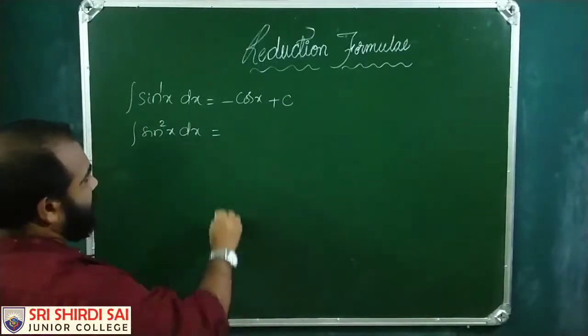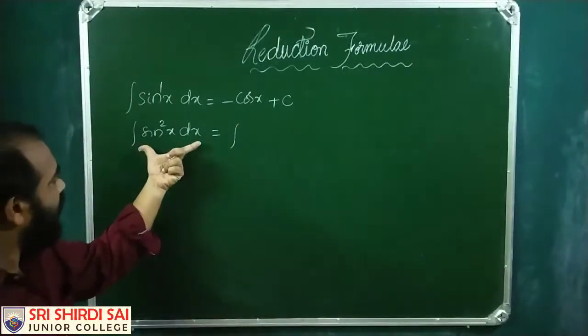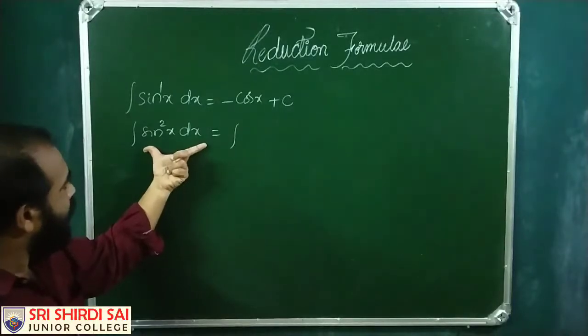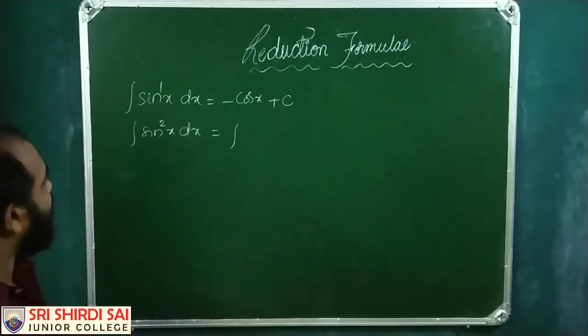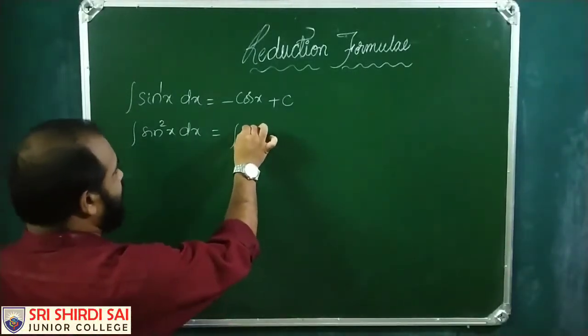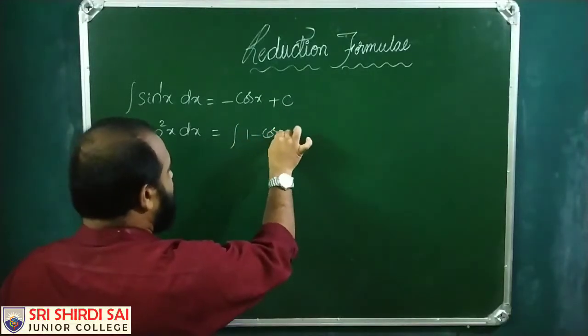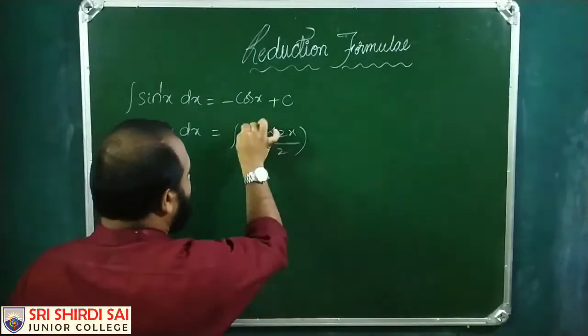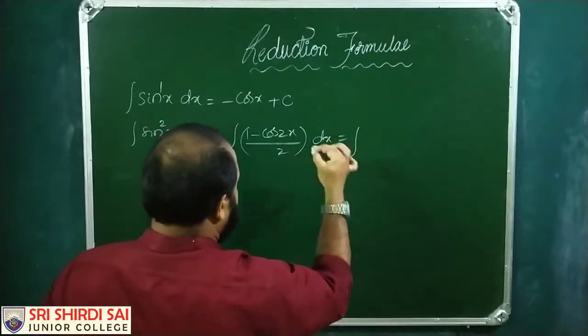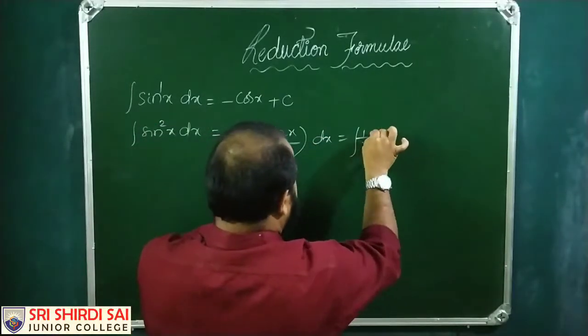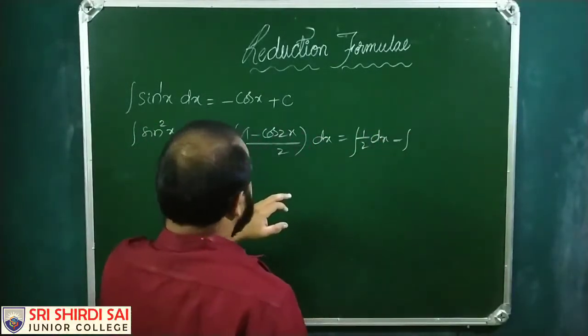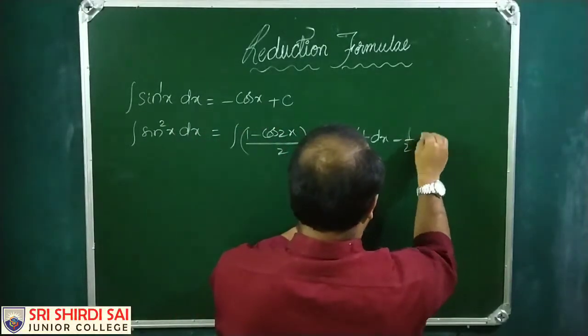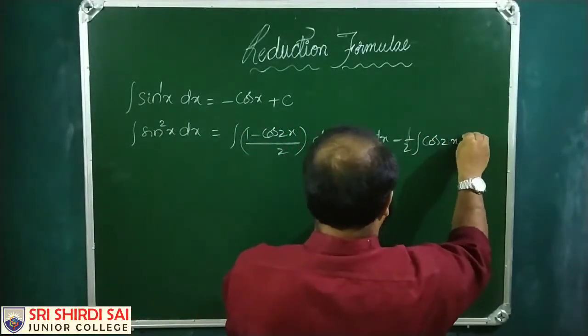So sine square x, a little more effort has to be put here to find the integral sine square x dx. So sine square x dx can be written as 1 minus cos 2x by 2 dx. Then this is integral 1 by 2 dx minus 1 by 2 integral cos 2x dx.